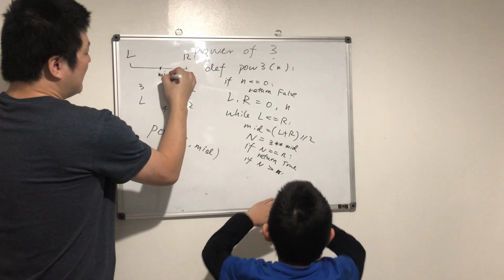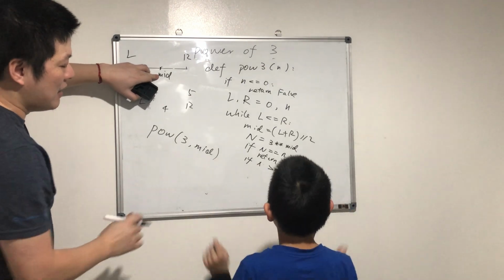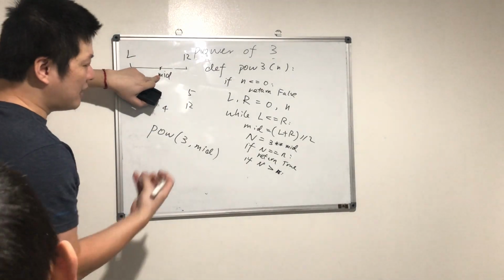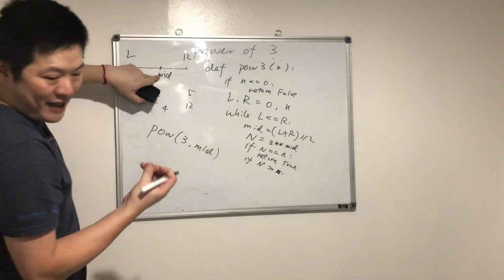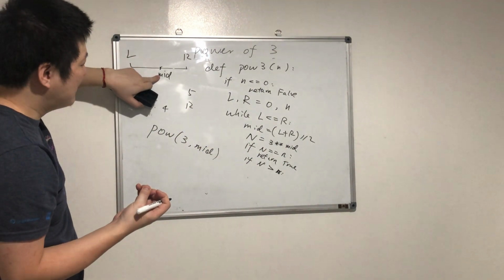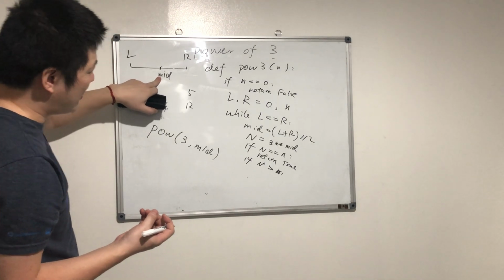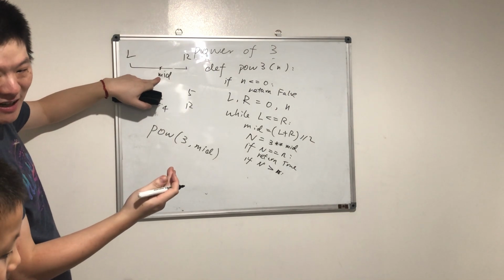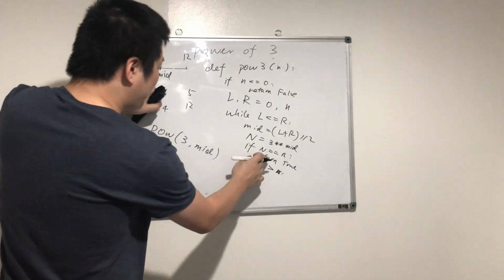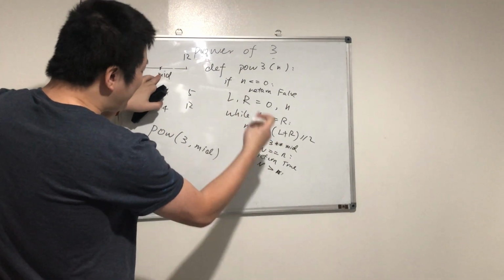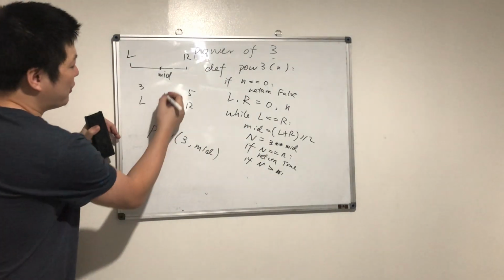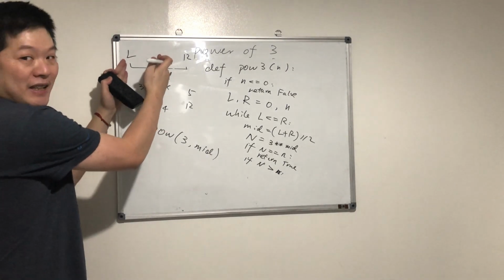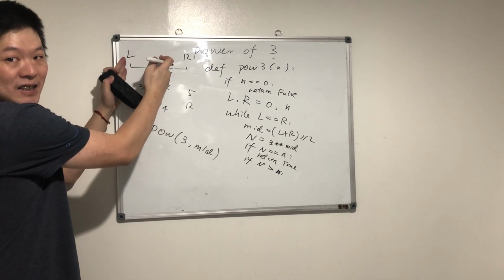If this is bigger than the value we want to find, you go down. If this 3 to the power of mid is actually bigger than 3 to the power of x, we want to find the x, so the value must be in here, right?